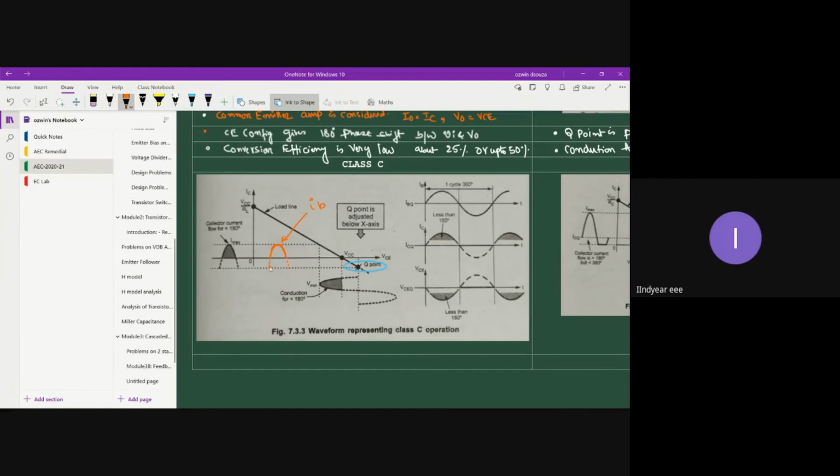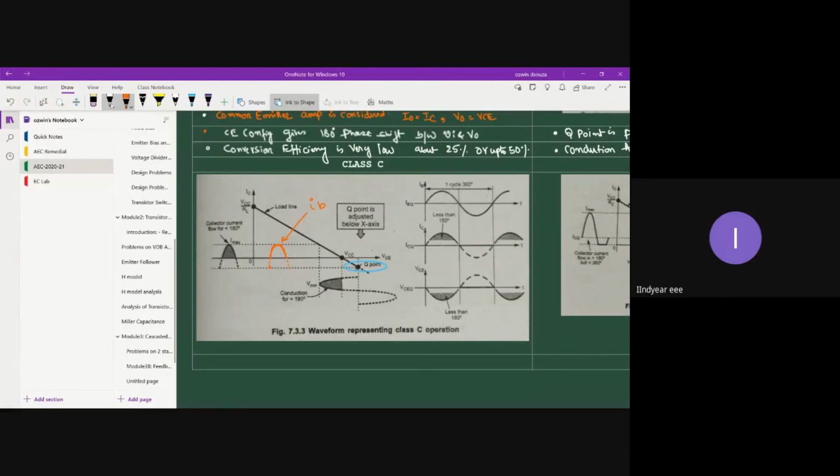What is the duration of its presence? It is less than 180-degree, because to have 180-degree you should have the case of class B power amplifier, but here you're pushing the Q point below the cutoff region. That's the reason the signal flows for less than 180-degree.